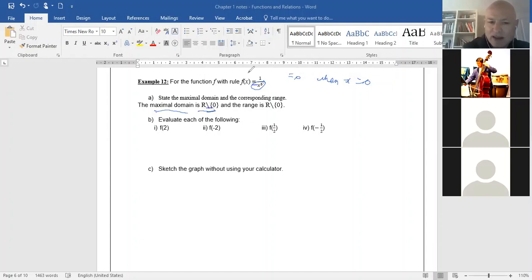And really, if we sketch that, and we have to do a sketch, and I've said to use your calculator, but I'll quickly draw it up here. If we sketch this, can anyone tell me what type of graph that is? No?